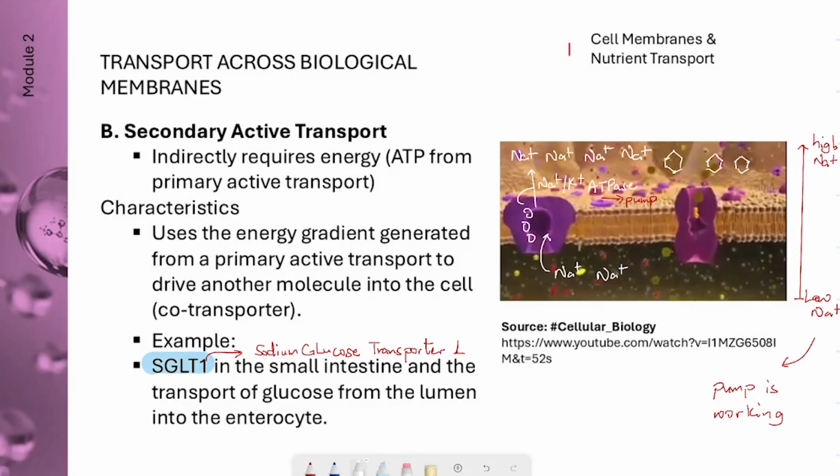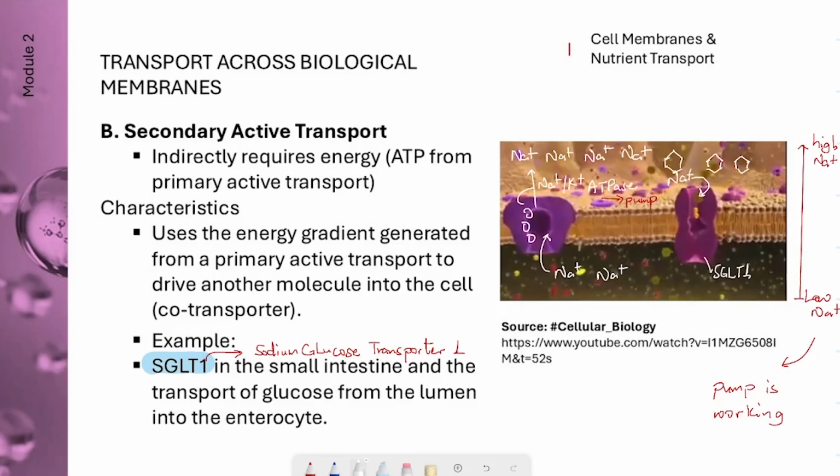So what simply happens is that because you have a high electrochemical gradient in the extracellular space, all the sodium that has been pumped into the extracellular space then flows through the SGLT transporter, this time not against their electrochemical gradient.